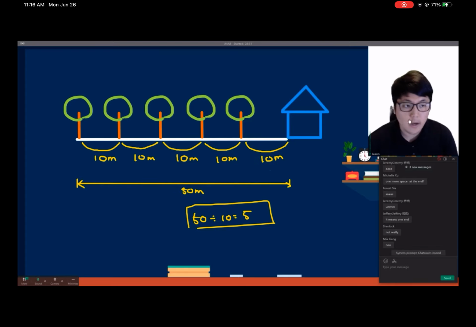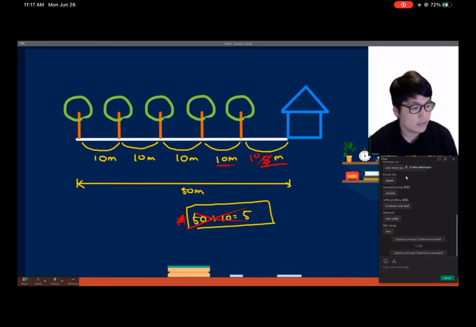Because if it's not 10 meters, let's say this was 5 meters, we have 5 intervals, but we cannot calculate like this anymore. So it's super important that the space between the trees and the last bit needs to be the same 10 meters. Otherwise, it's going to mess up our calculation. Do you now understand?